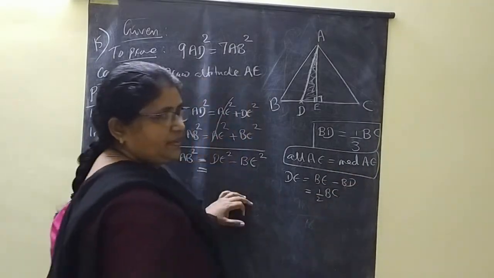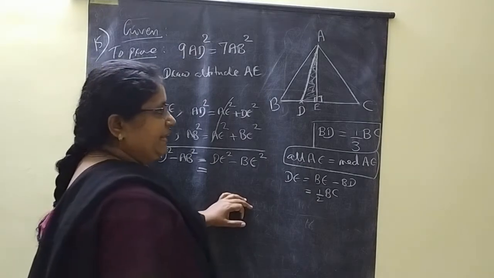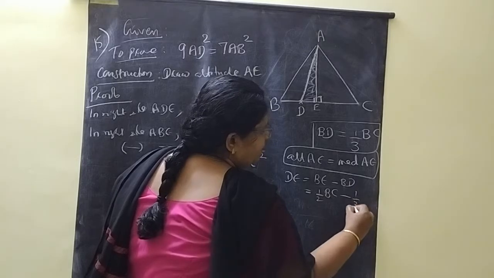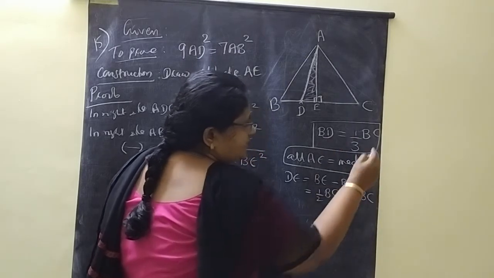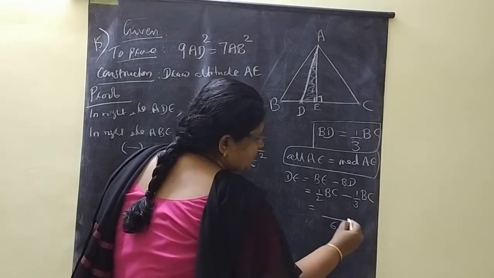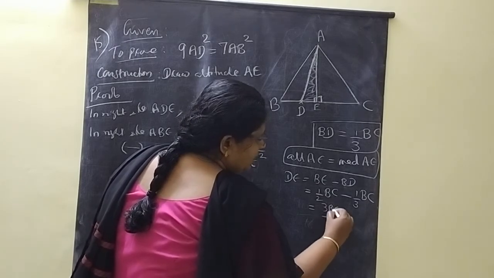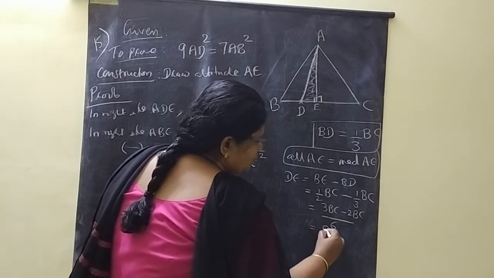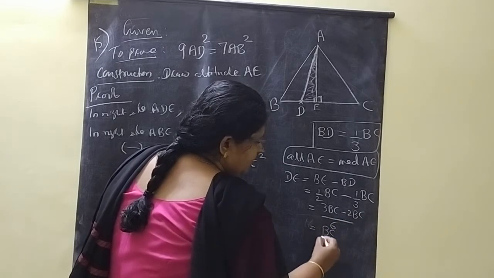Median. AE is the median. Minus, what is BD? 1 by 3 BC, that is given. Now we are taking the LCM. LCM is 6. Here you will get 3 BC minus 2 BC is equal to 1 BC by 6.